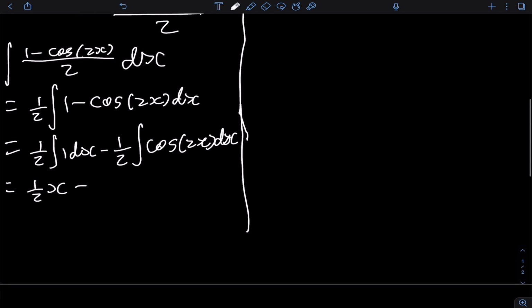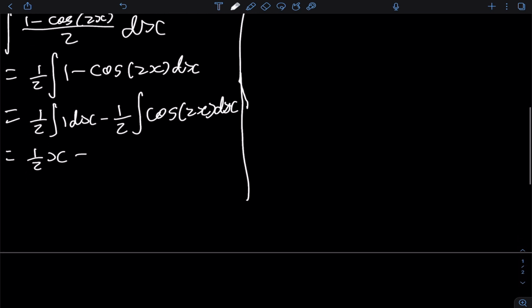What we can do is take a u substitution. So we have minus 1/2 the integral of cosine 2x, and let's say u is 2x. Therefore du is 2 dx, and dx is du by 2.